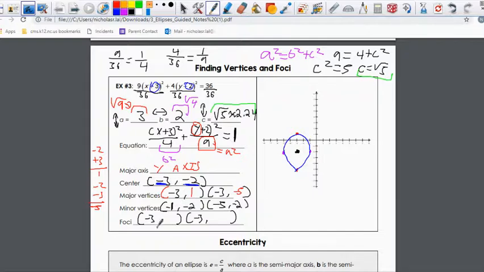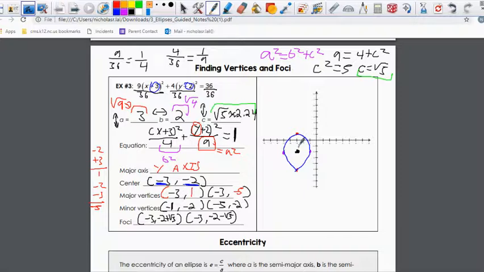So we can do (-3, -2 plus the square root of 5), and then (-3, -2 minus the square root of 5).